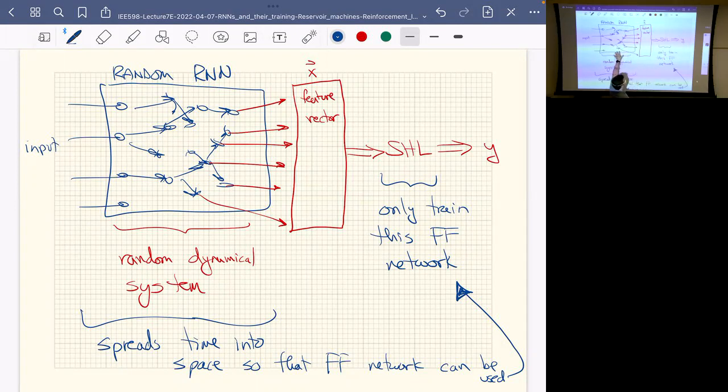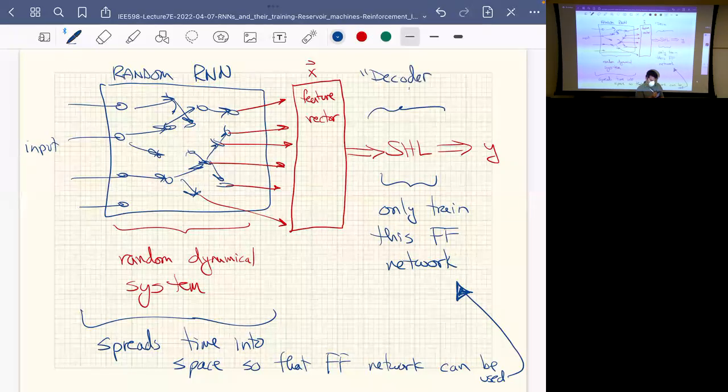There could be a lot of weights in here, a lot of interconnections, and we just don't care about them. We draw them totally randomly, and we bolt on a relatively simple decoder network. These echo state machines, reservoir machines, are great for time series classification and time series analysis because they cut up these variables pretty well, and they're very economical to train because you only have to train a certain number of weights.